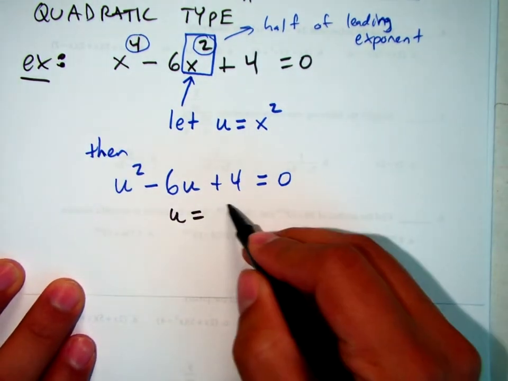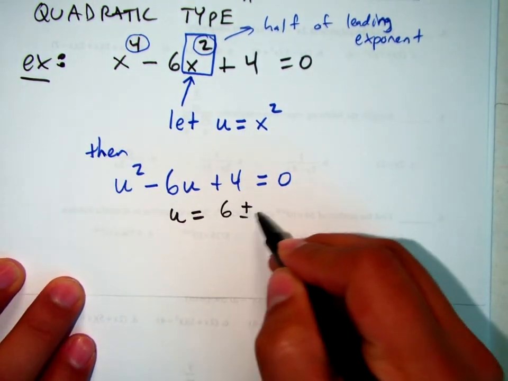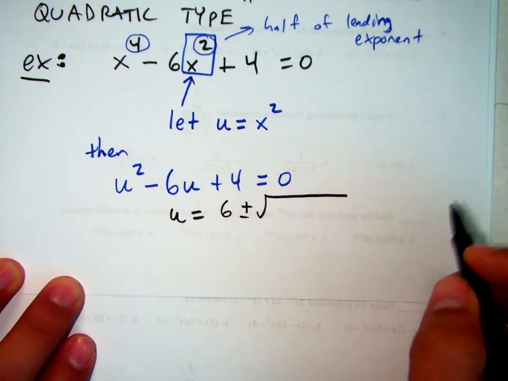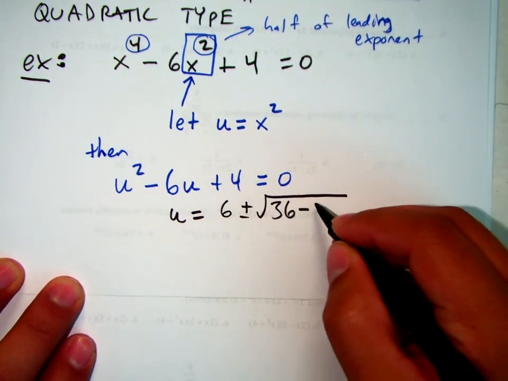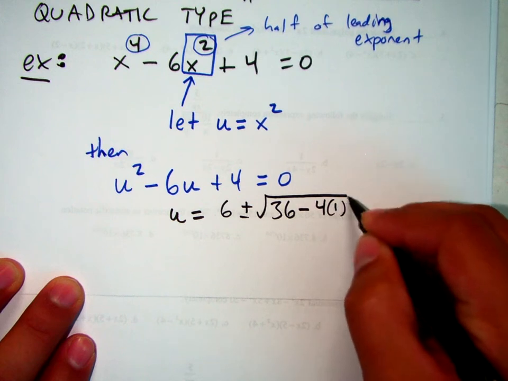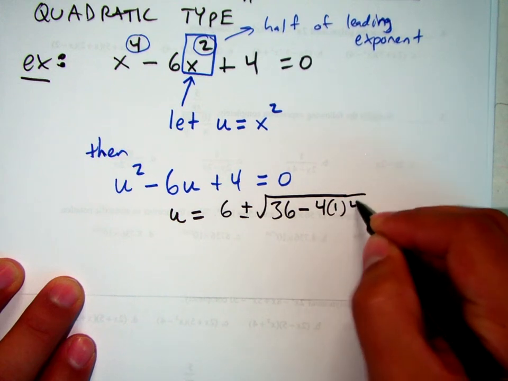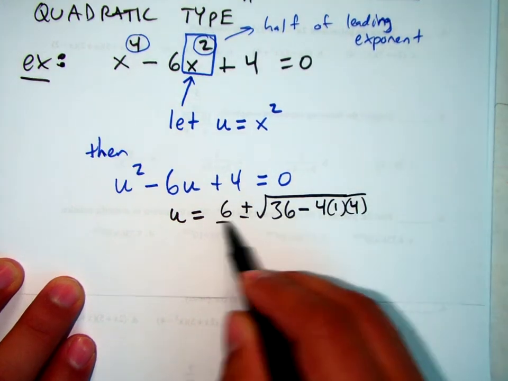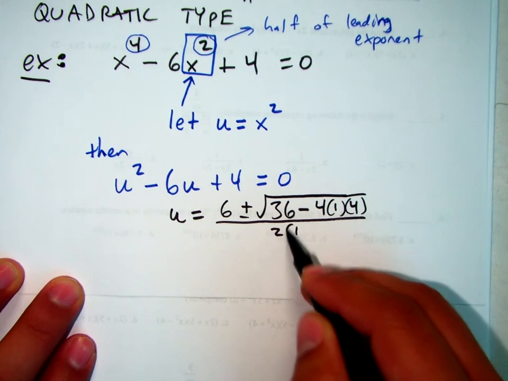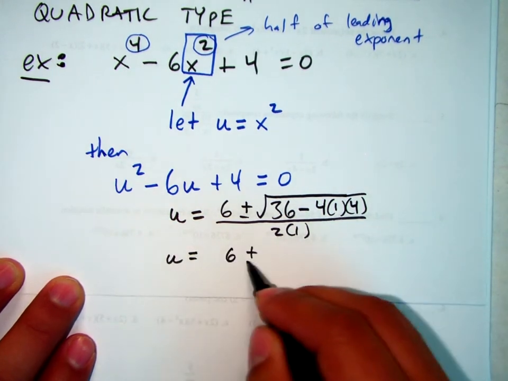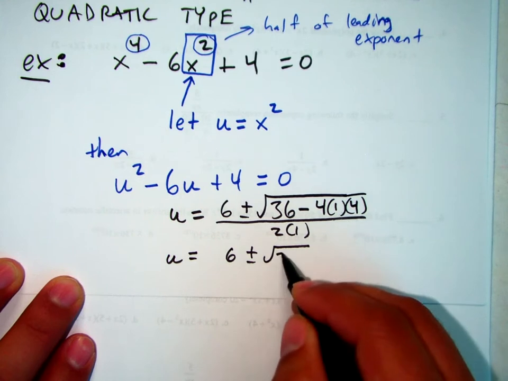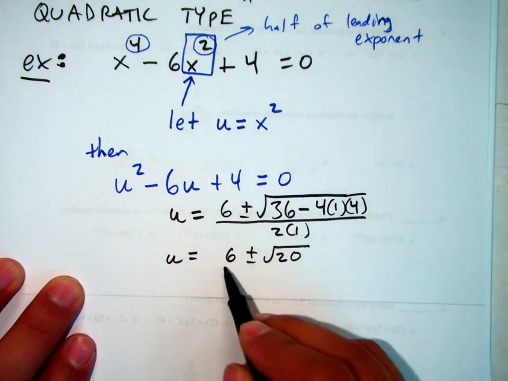So 6 plus or minus the square root of b squared, which is 36, minus 4, times a, which is 1, times c, which is 4, all over 2 times a, which is 1. So we get u is equal to 6 plus or minus the square root of 20 divided by 2.